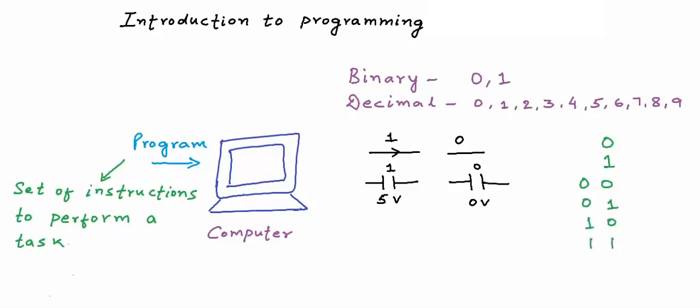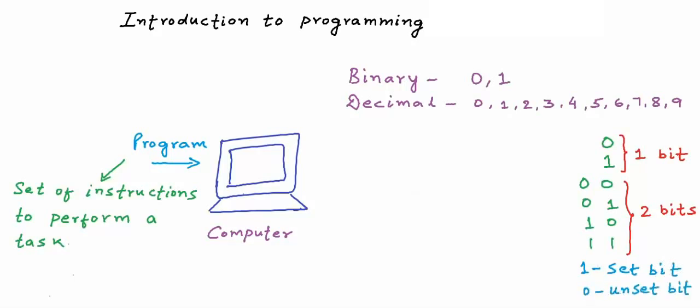A binary digit is also called a bit. If you have only one bit, you can have 2 possible values, and if you have 2 bits, you can have 4 possible values. Each bit can either be 0 or 1. 1 is also called set bit, and 0 is also called unset bit.